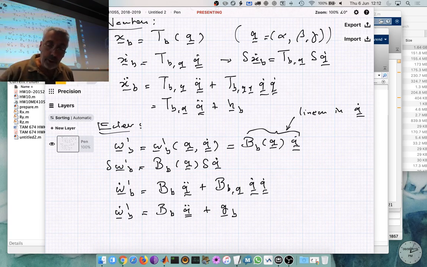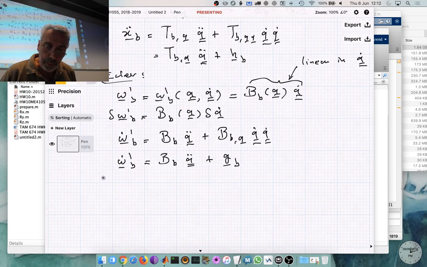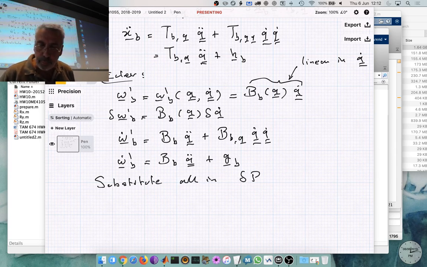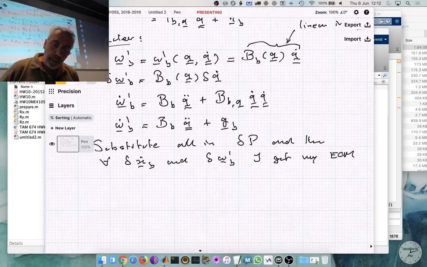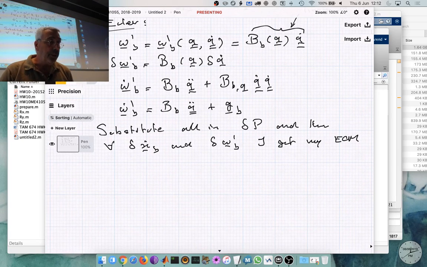So I can substitute everything into our virtual power delta P. Then for all virtual velocities of the body and all virtual angular speeds of the body, I get my equations of motion, as many as there are degrees of freedom.